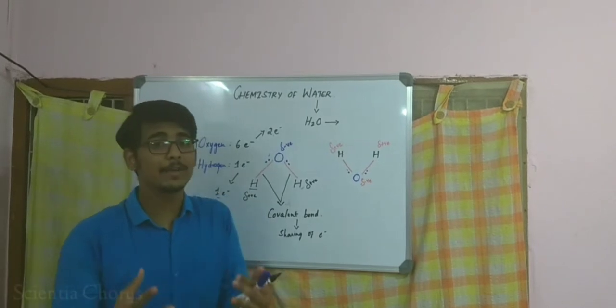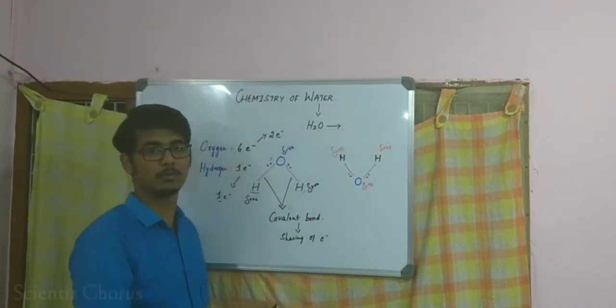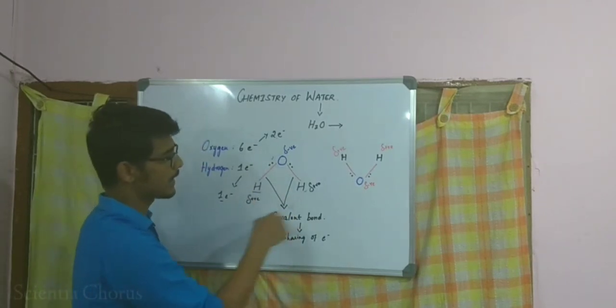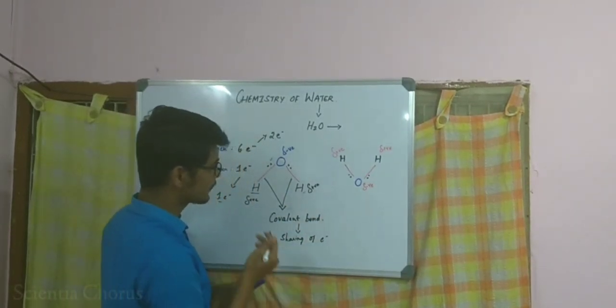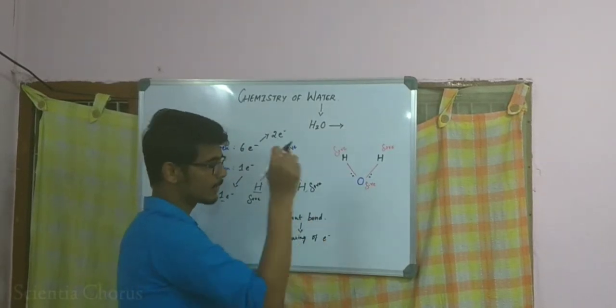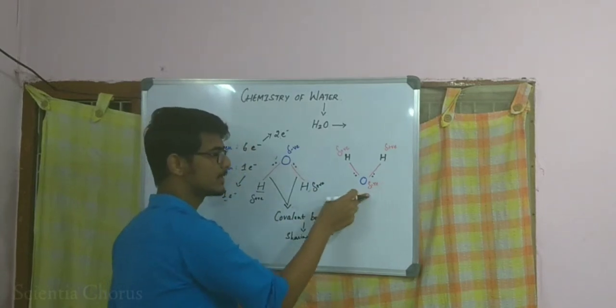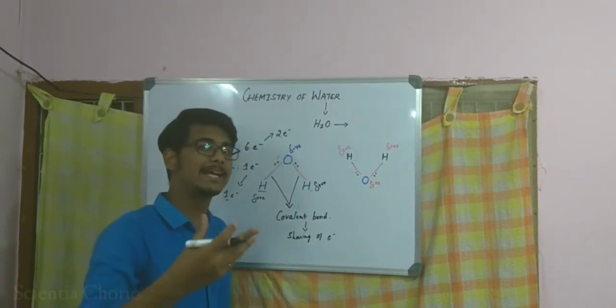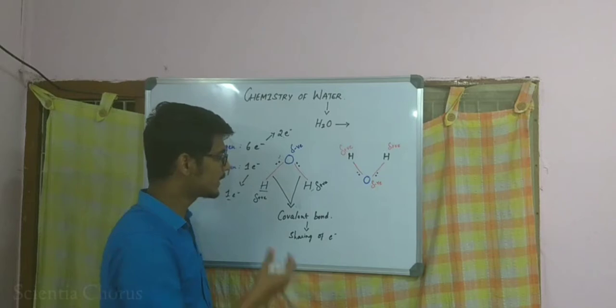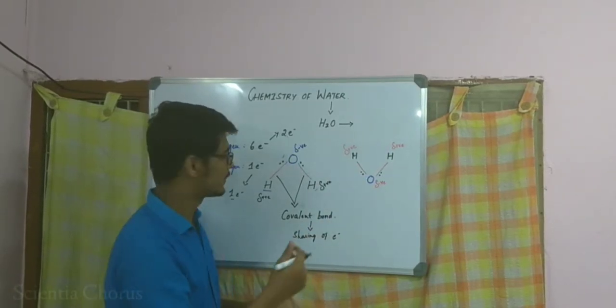So now, what kind of interaction is there between one H2O molecule and another H2O molecule? Let us see. So now this is one and this is another one. There is a hydrogen atom here and there is an oxygen atom here. And we know that it is a partial positive charge and in this case it is a partial negative charge. Right? So we know that opposite charges get attracted towards each other.